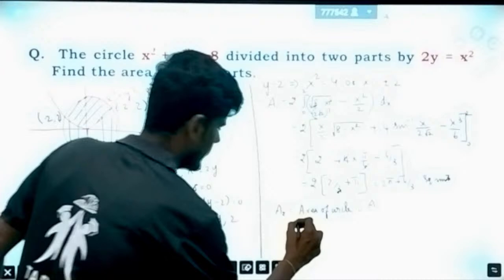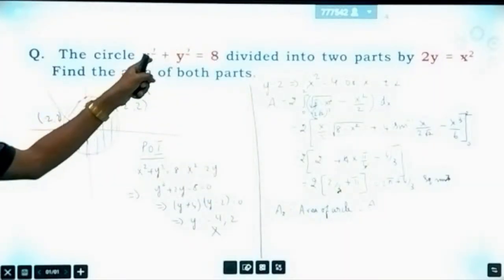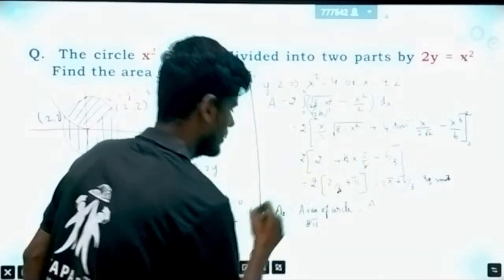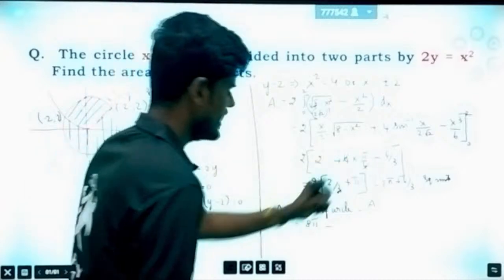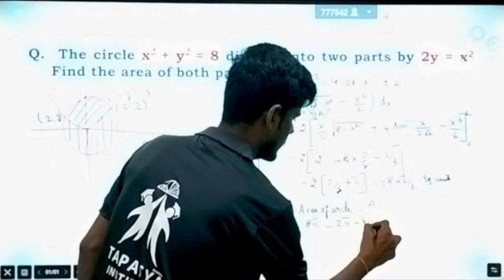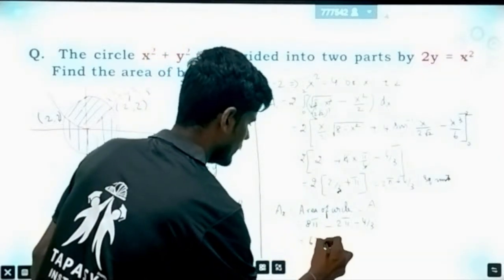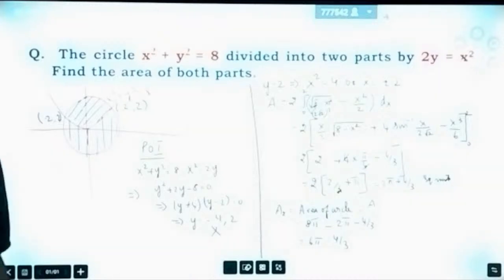Then that value will be equal to, what is the area of circle? Pi r square. That is pi into r square is 8 pi, minus area A1. Area A1 is 2 pi plus 4 by 3. Now this value will be equal to 6 pi minus 4 by 3. This is the area A2.